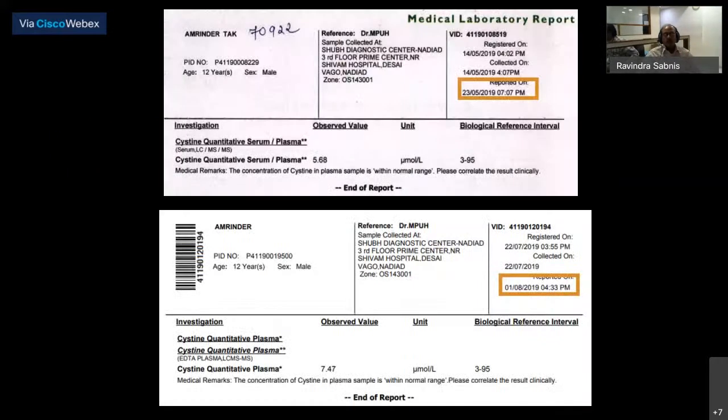But I don't know how to interpret the plasma cystine. Do you do plasma cystine levels at any time? So this patient underwent plasma cystine, and 3 months later, this was 5.68 and 7.47. I don't know how to interpret this. Can you interpret that?